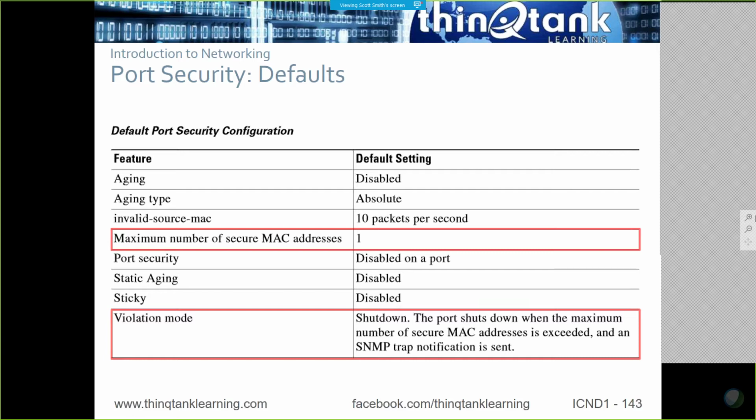In addition, the default mode is dynamic. All right, we don't see that listed on the slide here, but the default mode for port security is dynamic. Maximum number of MAC addresses is 1, and the violation mode is shutdown by default.